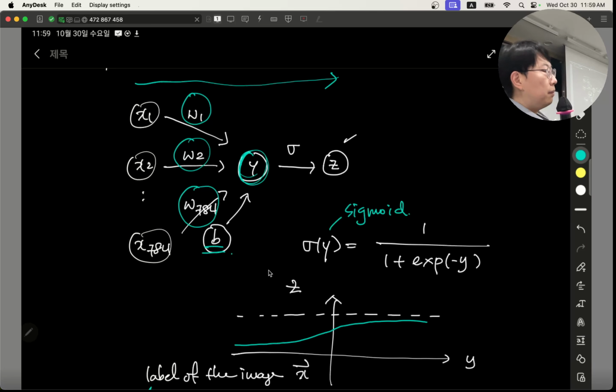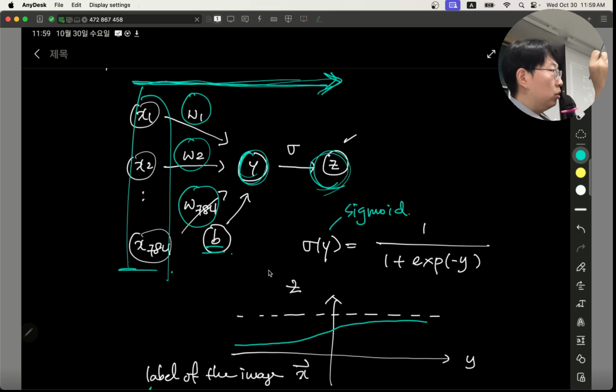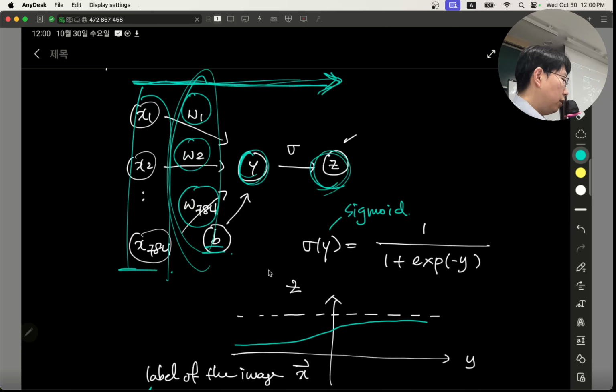Anyway, the word forward comes from the direction of calculation. You get this input, and then you keep moving forward in this direction and get the output. And backward propagation is when you optimize your W, by chain rule and gradient descent. So you're going backward. Here we only have one layer to optimize, but you can have several layers.